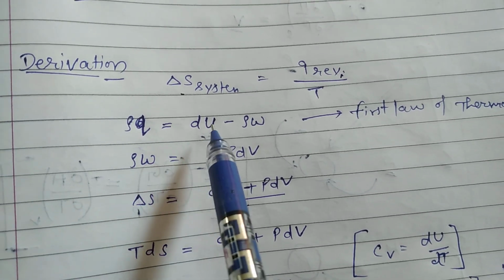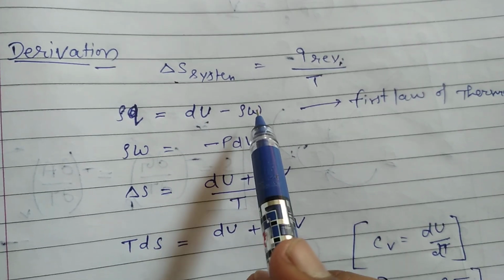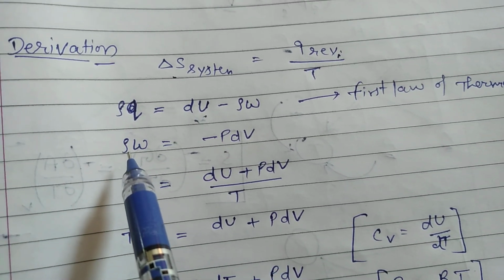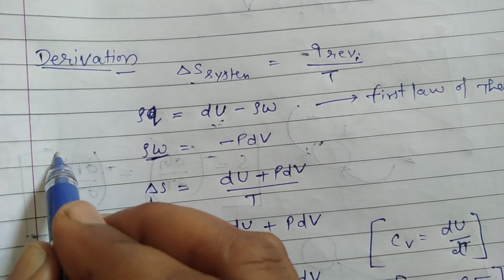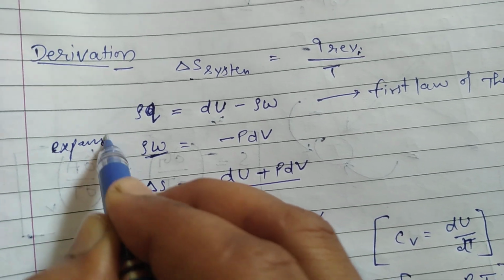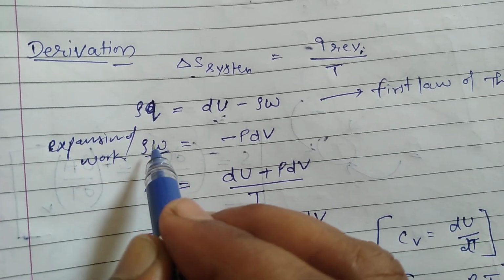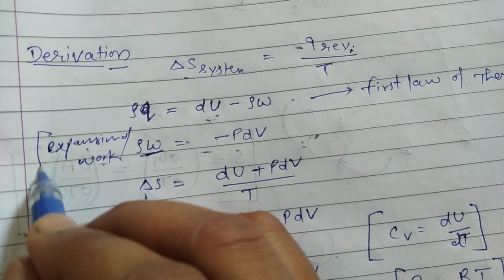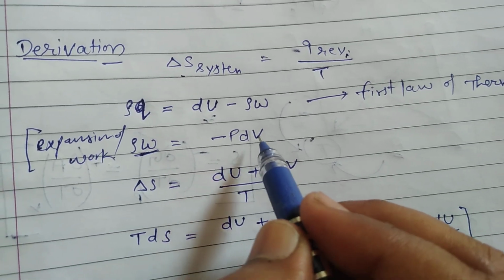delta Q is equal to delta U minus delta W, and the value of the work for expansion, this is expansion work, not for compression, is W equal to minus P dV.